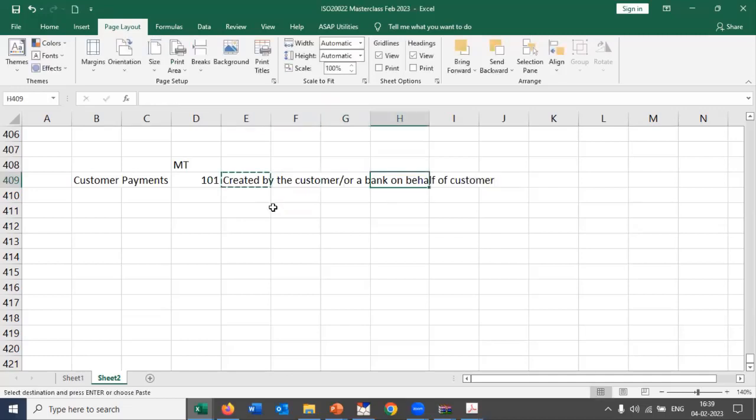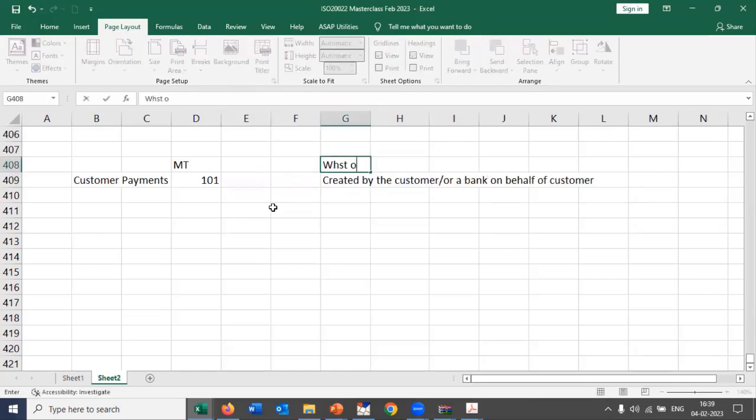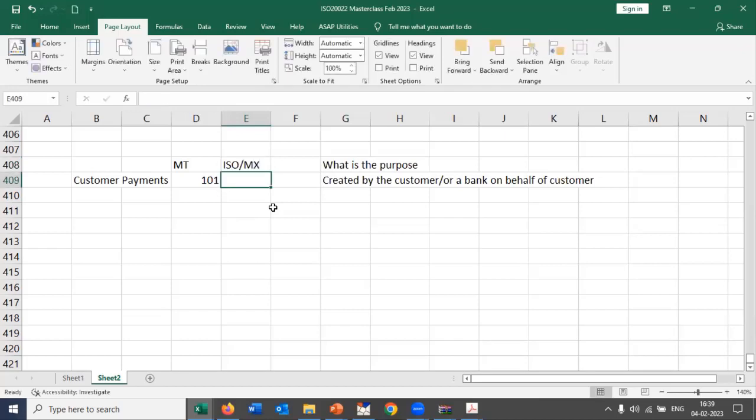Let me shift the roles a little this side. What is the purpose is what I'm calling it. In the MX world or the ISO world, its equivalent is going to be a pain.001. Then in the MT world, we'll have a message type called MT102, MT103.